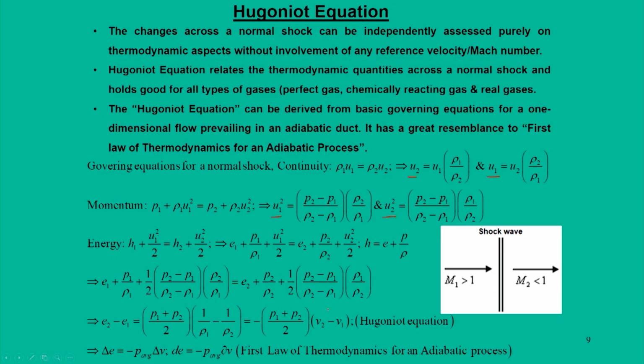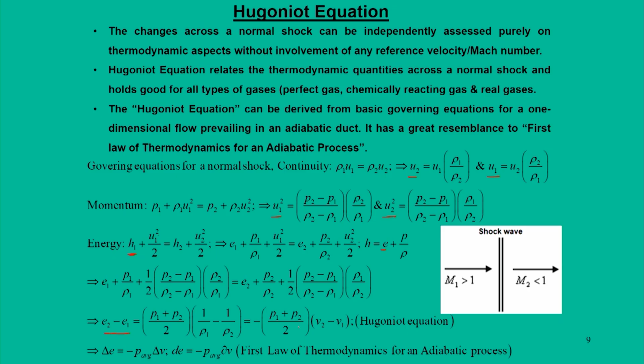Then we simplify. This enthalpy term is represented by internal energy E plus P by rho. When you simplify this equation, we find the internal energy change, E2 minus E1, is equal to (P1 plus P2) by 2 into (1 by rho 1 minus 1 by rho 2), that is, (P1 plus P2) by 2 into the specific volume change, with a negative sign.